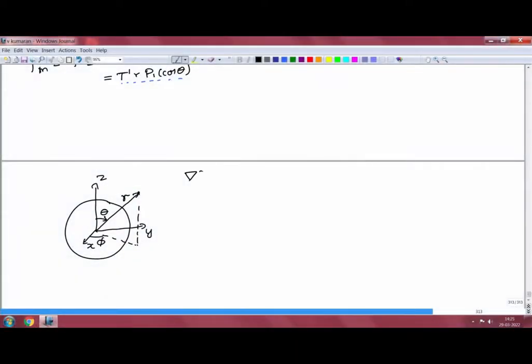And this Laplace equation in a spherical coordinate system can be written as del square T is equal to 1 by r square d by dr of r square partial T by partial r, and so on.